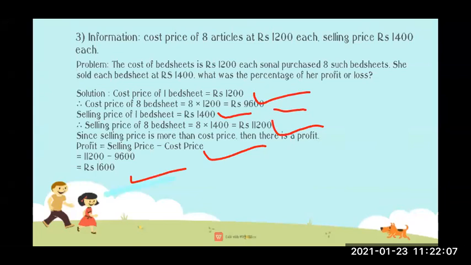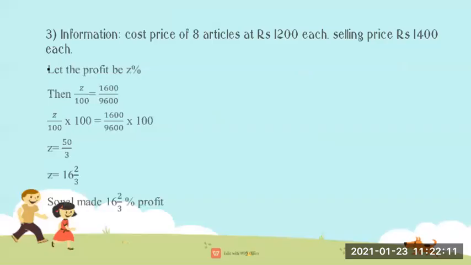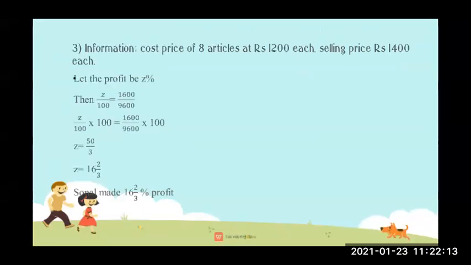So the profit percent formula is profit upon cost price. So here we will assume the profit percent as Z%. You can take any alphabet A, B, C, D. Now here I have taken the profit percent as Z%. So Z upon 100 equals profit upon cost price.